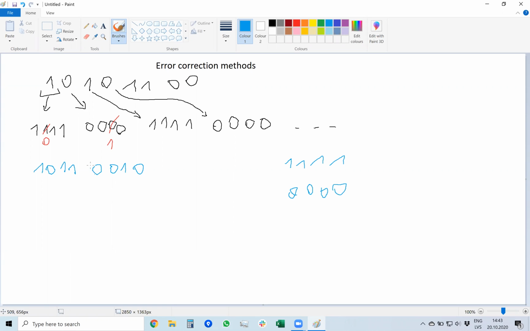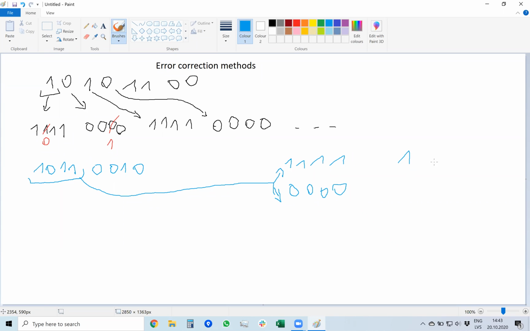So the receiver compares each 4 bits to these two options and selects the one that is most similar. It received 1011. 1011 is more similar to 1111 than 0000. The difference between the received byte and 1111 is just one bit.